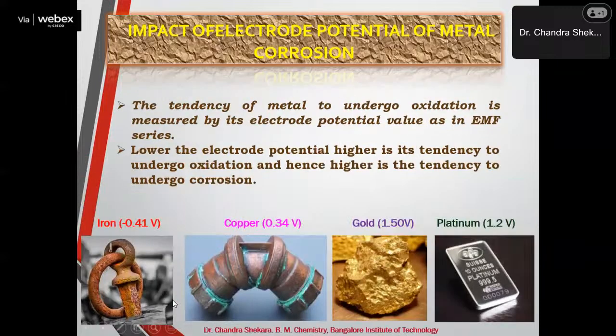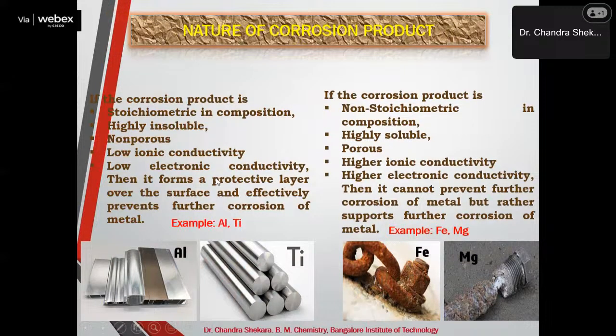This is mainly because of the nature of the corrosion product which is formed over the surface of these metals. So when aluminum and titanium metal are exposed to the environment, they have negative potential values. Therefore, the outer layer of the metal undergoes corrosion within no time.